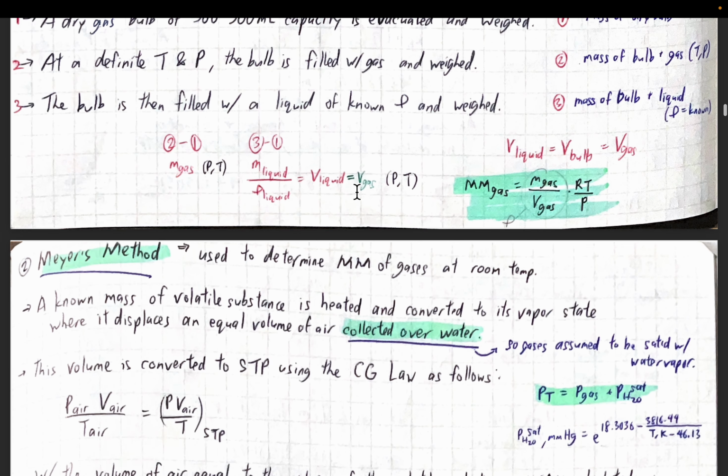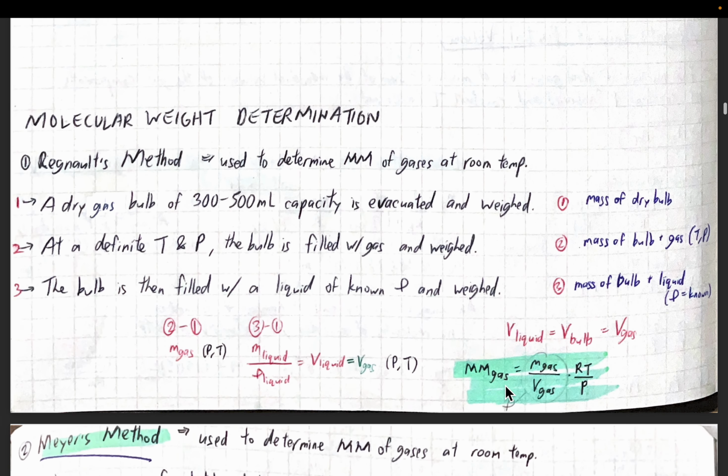Okay. So yeah, also the molar mass of the gas is equal to the mass of the gas over volume of the gas times RT over P, R being the universal gas constant, T temperature, P pressure. Basically, this relationship is derived from the ideal gas equation of state, PV equals nRT.